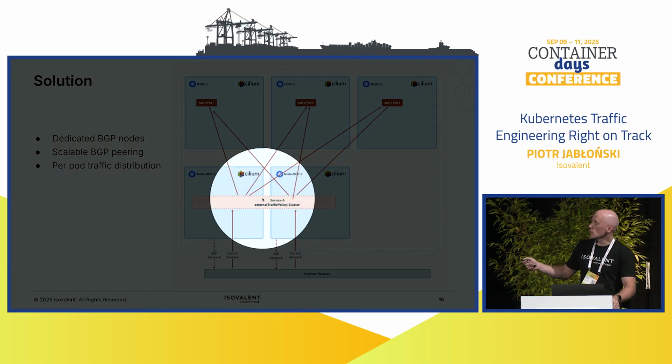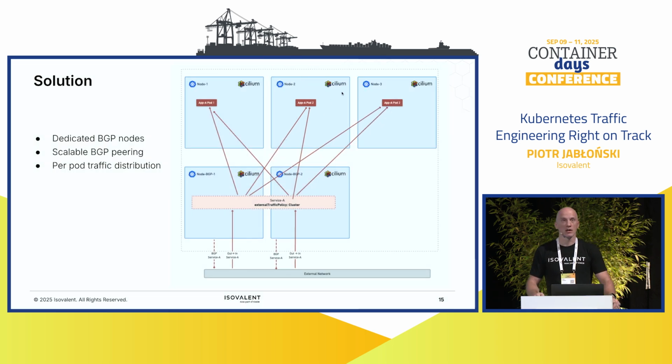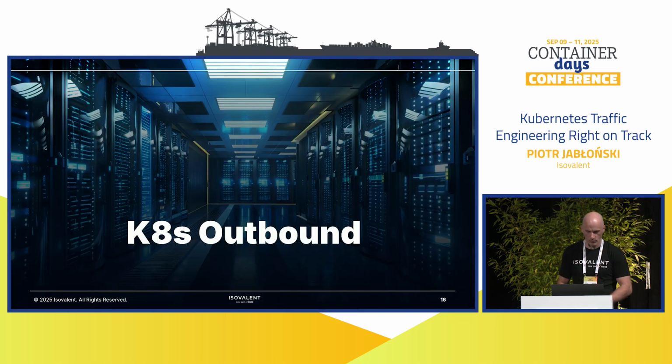And then the traffic will be equally distributed to pods existing in the backend nodes. So this is the approach where you can combine your knowledge and the strategy of load balancing the traffic with efficient architecture. And then we can move on to outbound traffic.